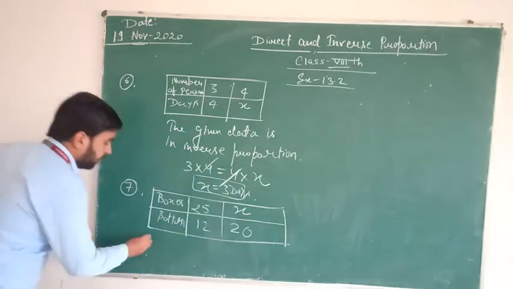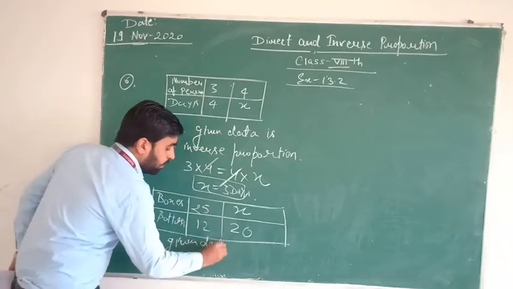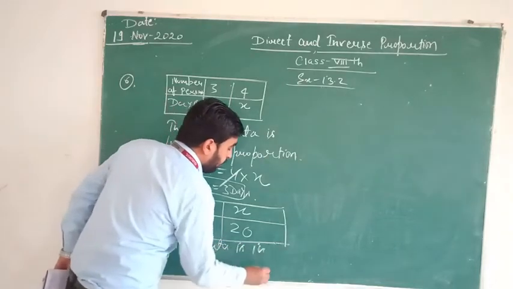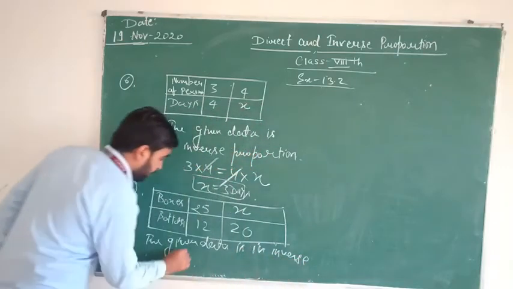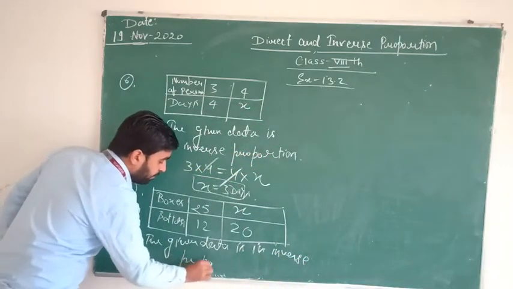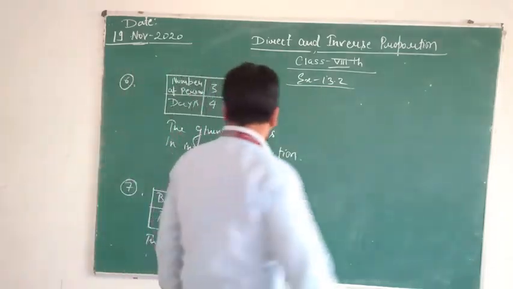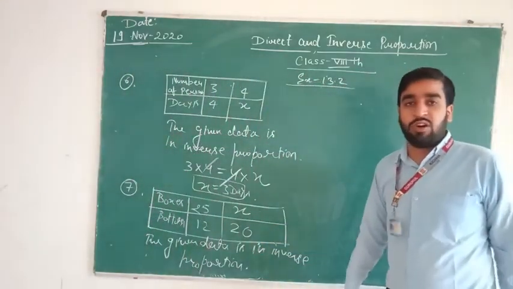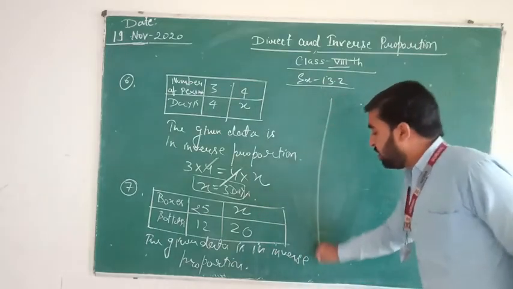So firstly we will mention the condition. The given data is in inverse proportion or variation. That's the same. You have to mention this condition. And along with it, in the inverse proportion, what is always equal? That is, the product of the quantities always remains equal.